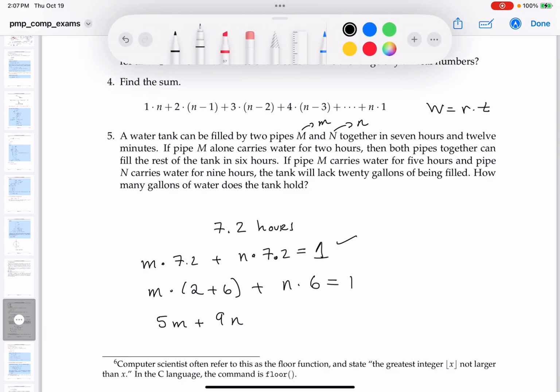Let's think about it. You know what I'm going to do? I'm going to solve these equations first, and then I'll worry about that thing in the end, which is killing me. So the way I'm going to look at this, the first equation is really m plus n equals 1 over 7.2.